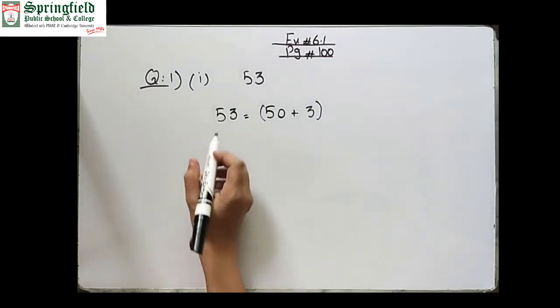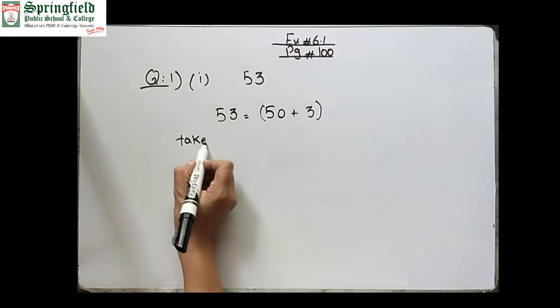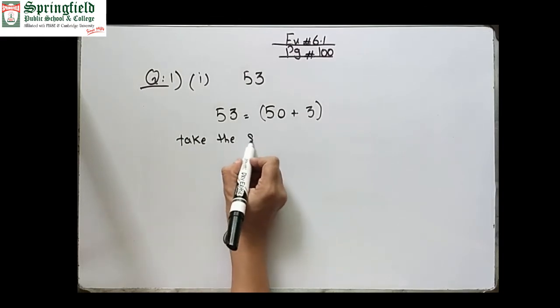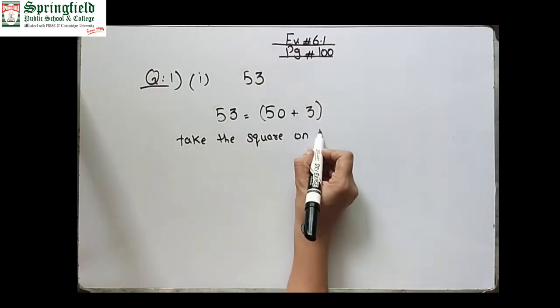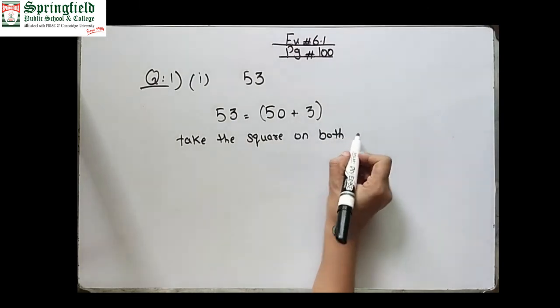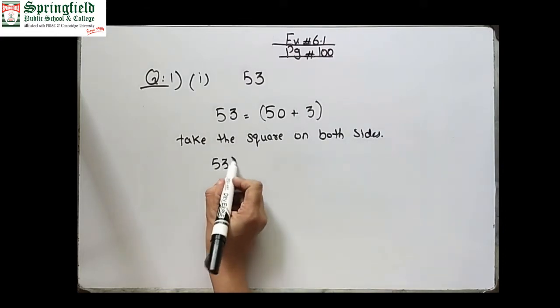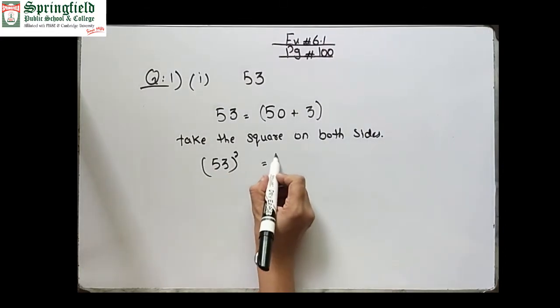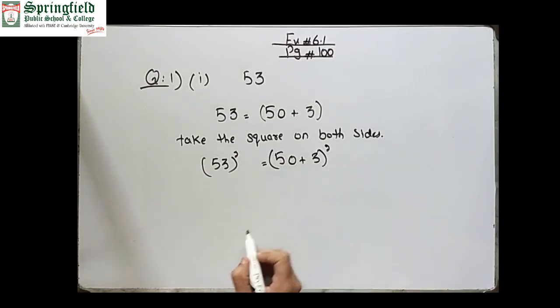So take the square on both sides. 53 whole square is equal to 50 plus 3 whole square.